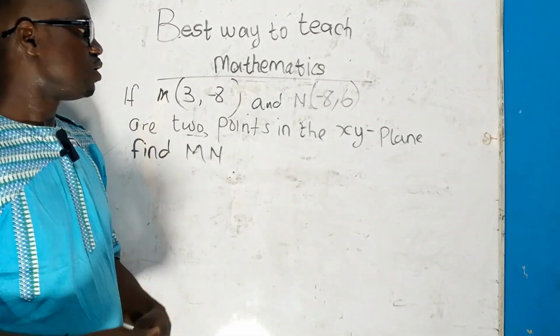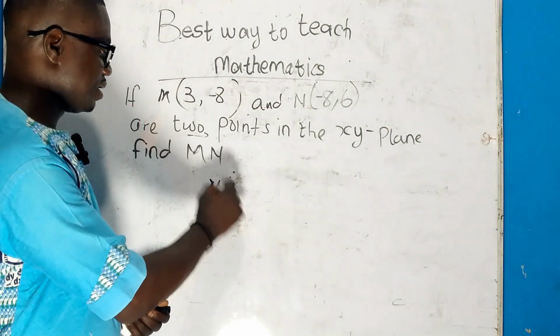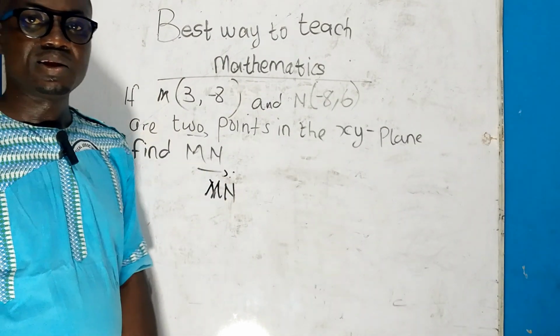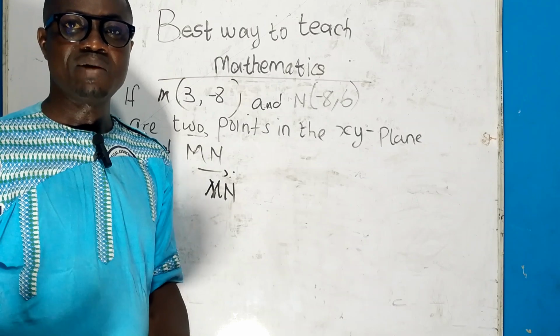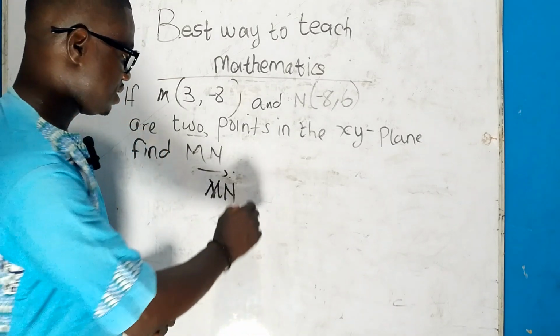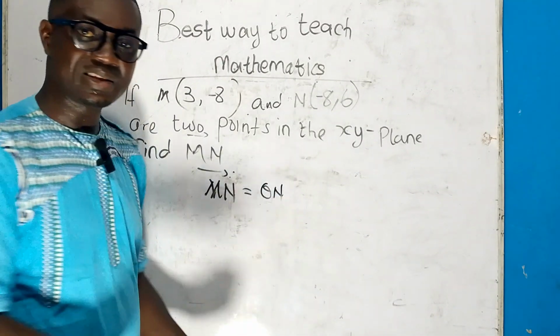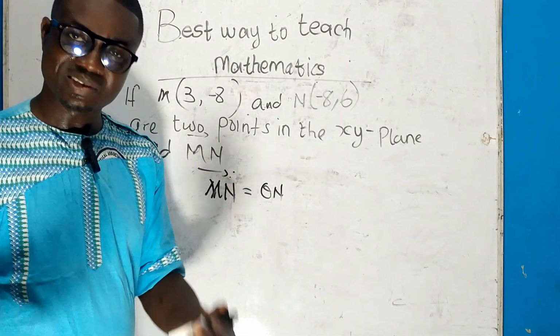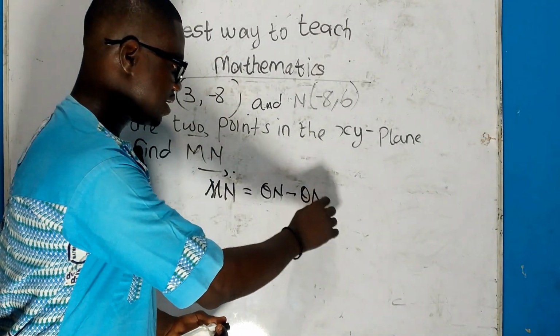So here we are supposed to find MN. Now the idea is that if you can remember, MN in terms of position vector is ON, is it minus or plus? Always minus. So minus OM.